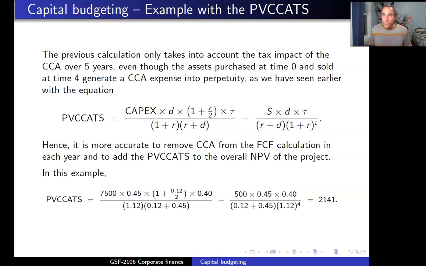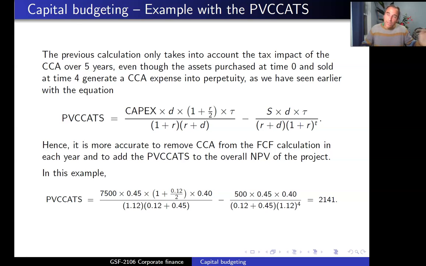So suppose we compute the net present value of the project by using the full present value of the CCA tax shield. This means for all the free cash flow in every year where sales are increased because of the new project, we will remove depreciation.